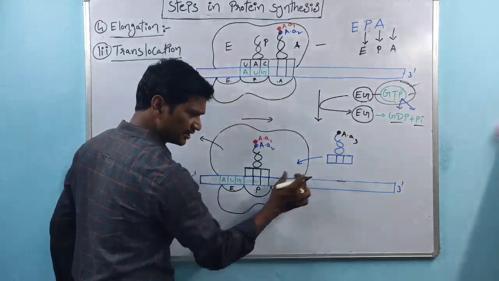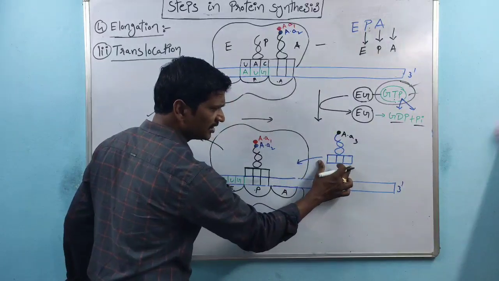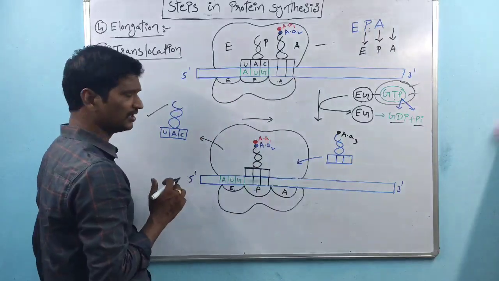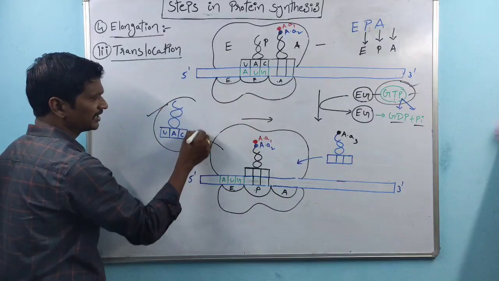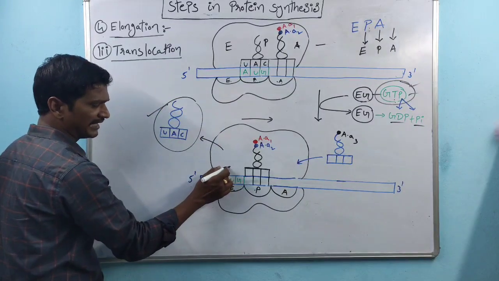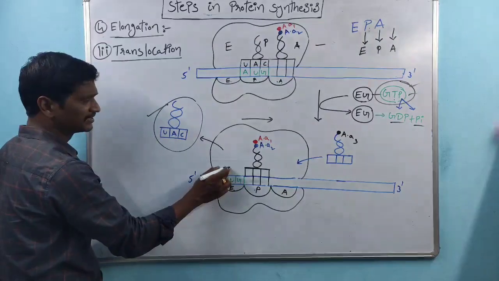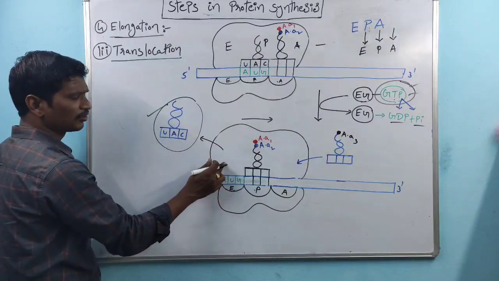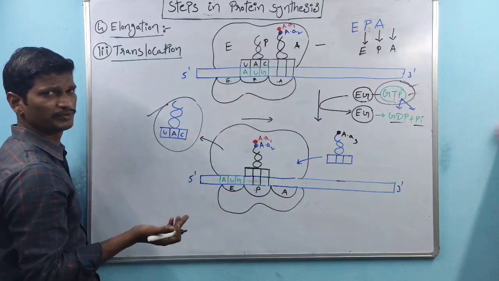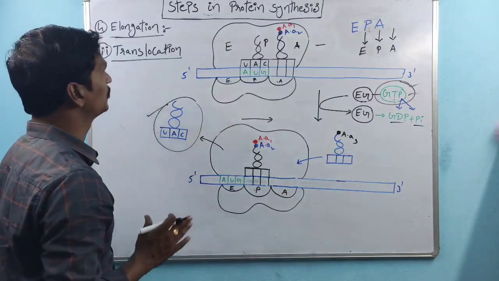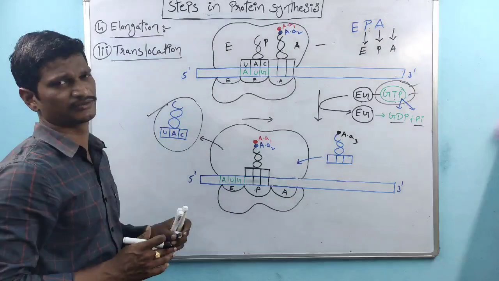Again, this new codon is recognized by a tRNA. The already empty tRNA, once it enters the exit site, automatically moves out from the ribosome. So that is about the translocation process.